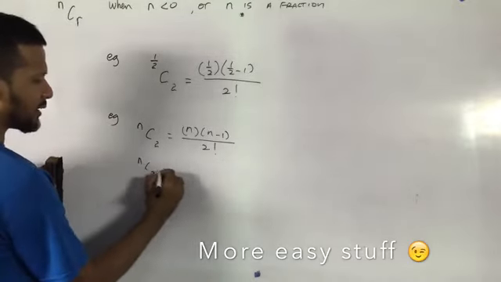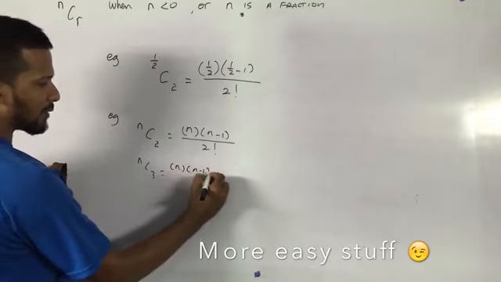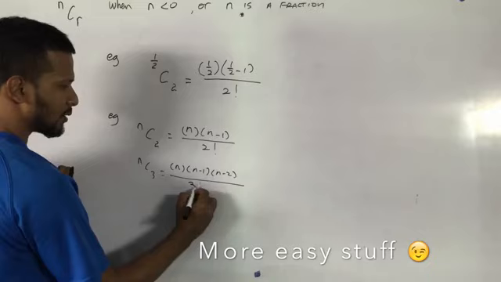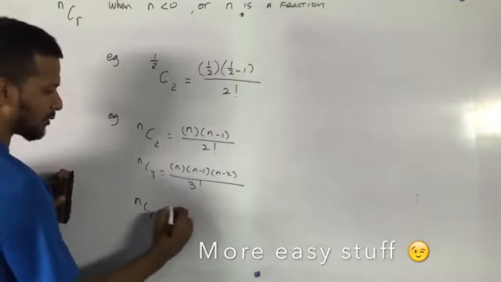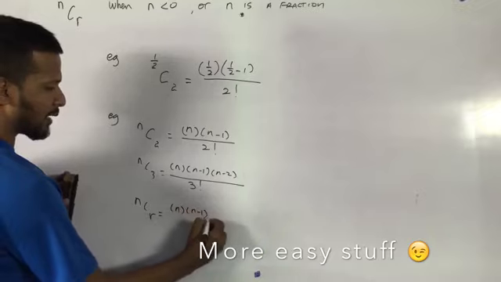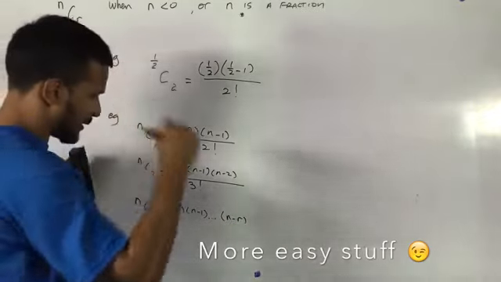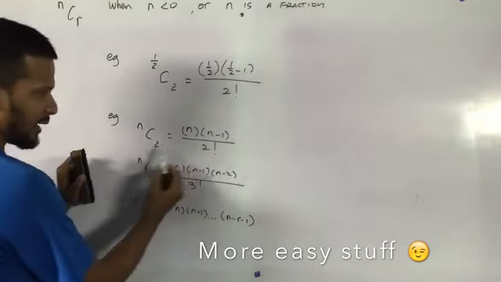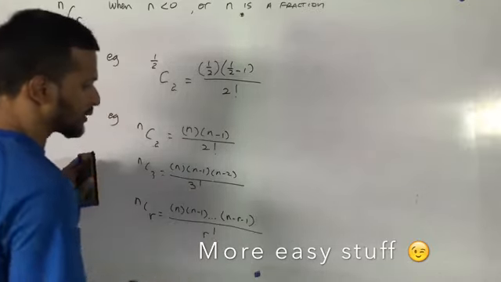What is nC3? Well, there's 3 terms now, right? So it'll be n by n minus 1 by n minus 2 all over 3 factorial. So what will be nCr? n by n minus 1 by n minus r minus 1, because this value here is less than that, all over r factorial.